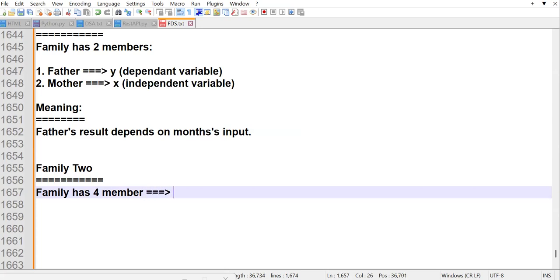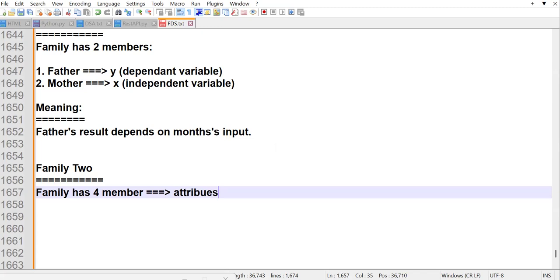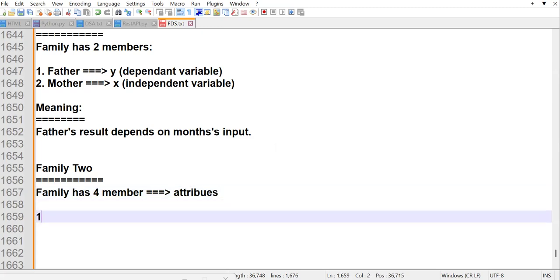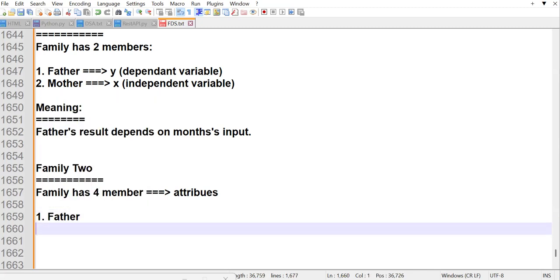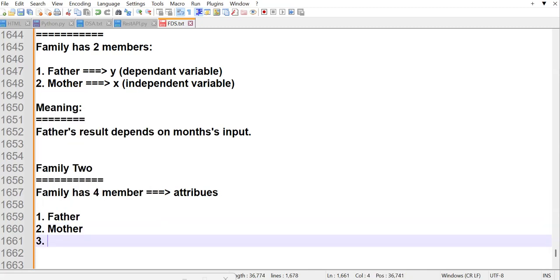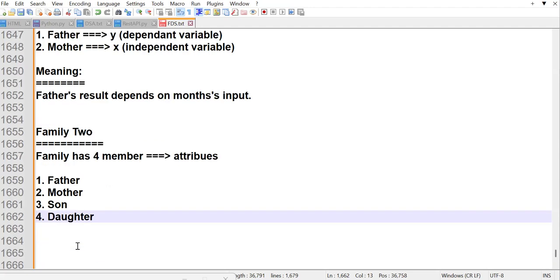So four members are nothing but four attributes, or you can say features, variables, or columns. The first is father, second is mother, third is son, and fourth is daughter. Can you please tell me what is dependent variable and what is independent variable?